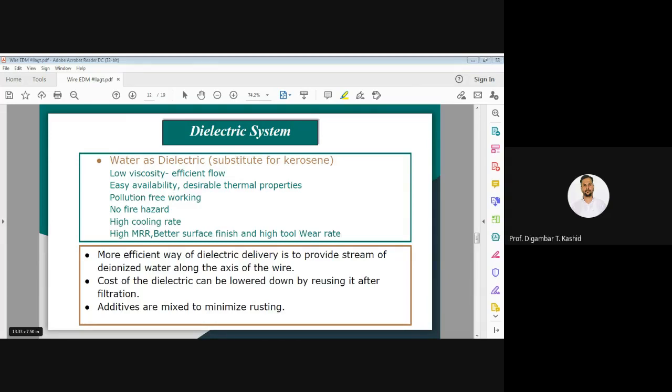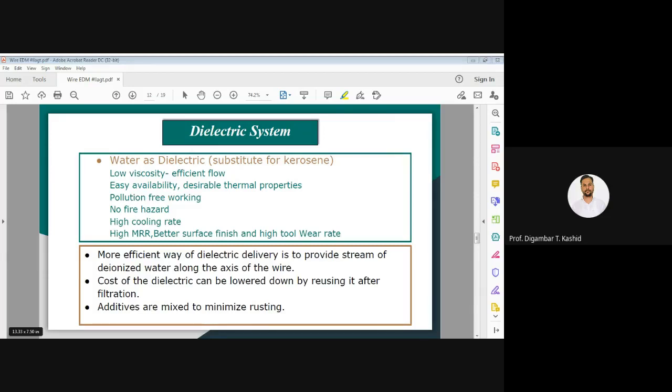So for this dielectric, deionized water, as a substitute we have kerosene also.